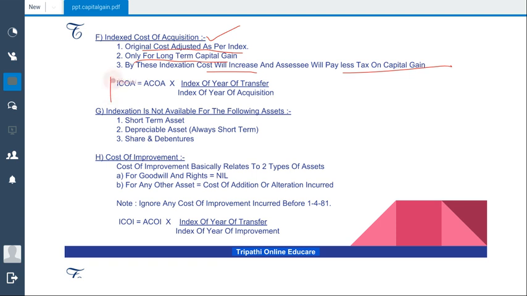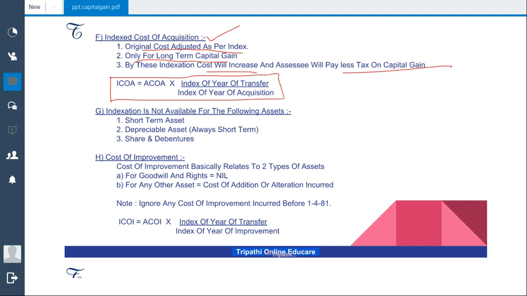Now, there is a formula for calculating index cost of acquisition. This formula is very simple. Let's say you bought any asset in the year 1991-92 and you're selling the same asset in the year 16-17, and we want to know what is the index cost of acquisition.